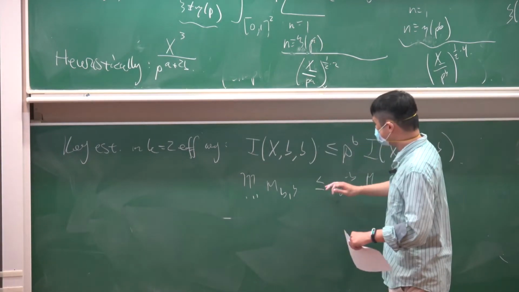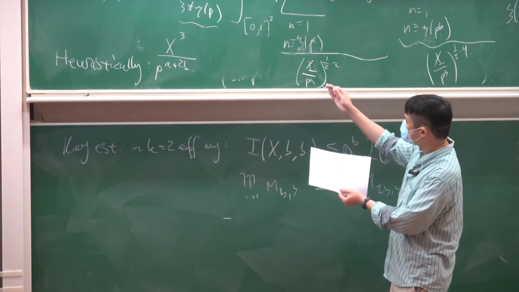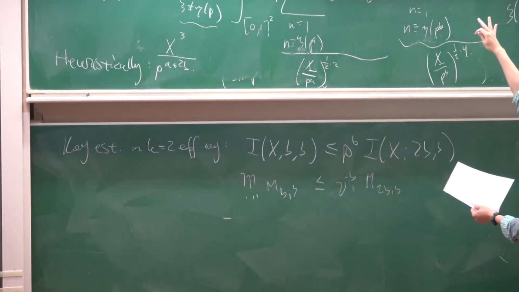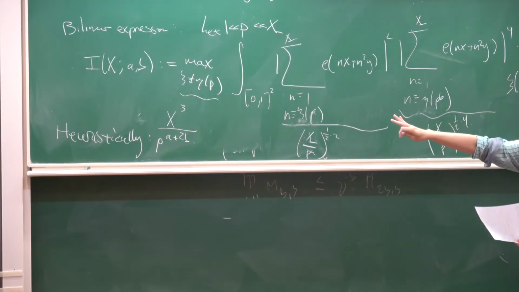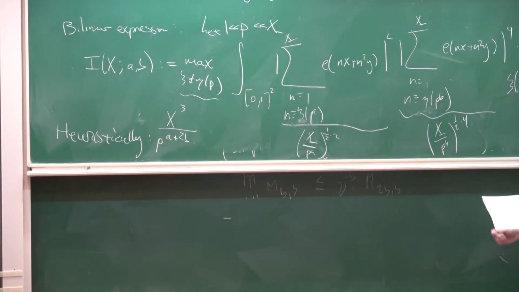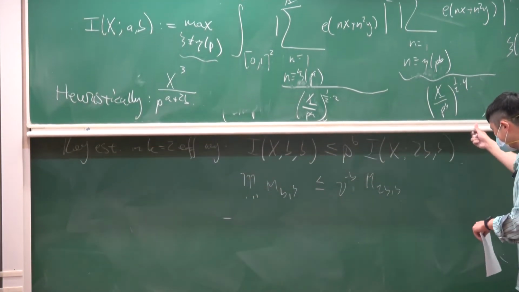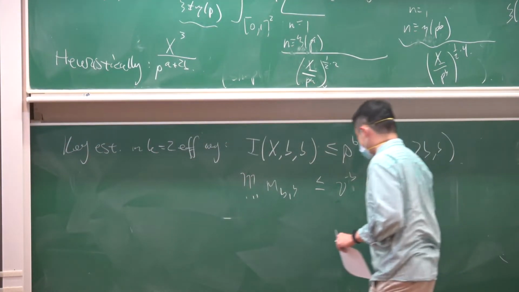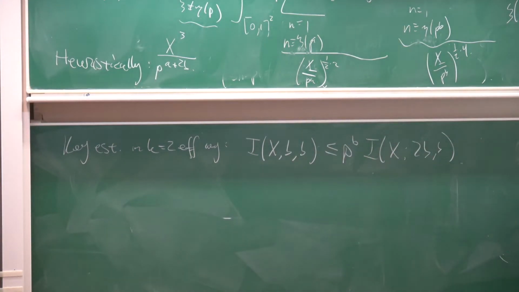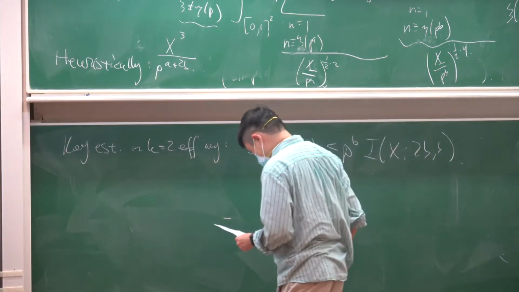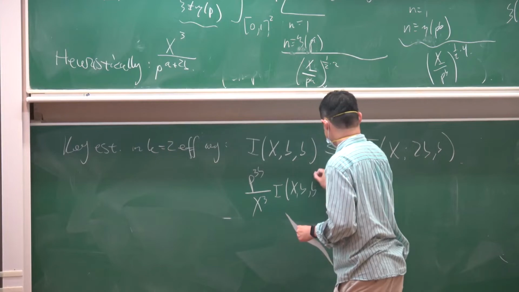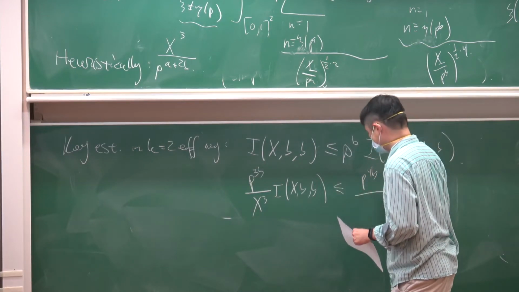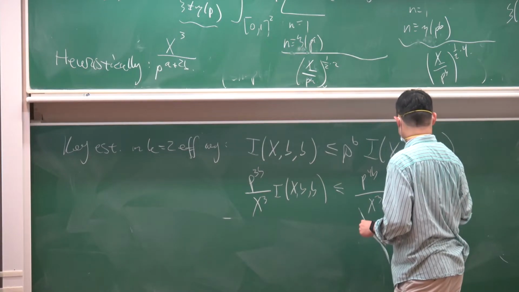On the other hand, what do we want in the efficient congruencing world? We want J to be basically x cubed, right? So we want decoupling to be of size 1, J to be of size x cubed. So we need to normalize things in order to get the correct estimate to guess. So that explains why there's a p to the b here, because let's rewrite this estimate as follows. p to the 3b over x cubed times I of x, b, b is less than p to the 4b over x cubed times I of x, 2b, b.